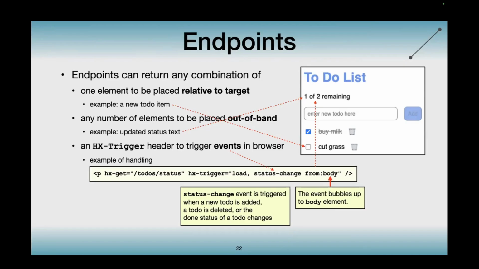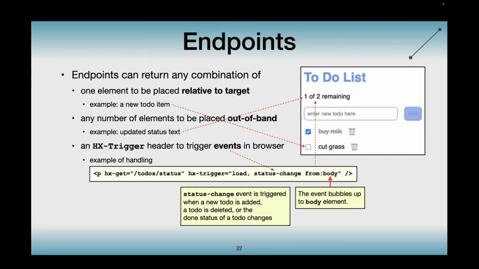In fact, it's going to say two of three remaining because I just added a new one. Now I have two things that I haven't done yet. And so how do I add a new row to my to-do list and also update that status line at the top? Well, the answer is that the status line can be one of those out of band elements.